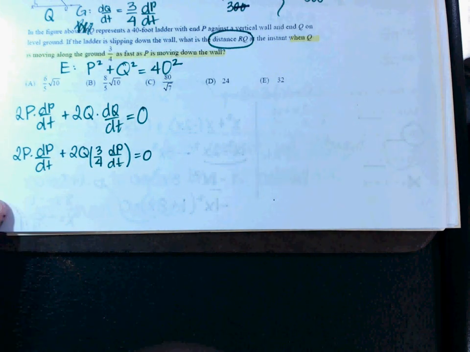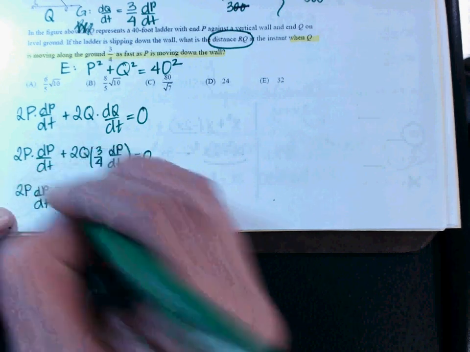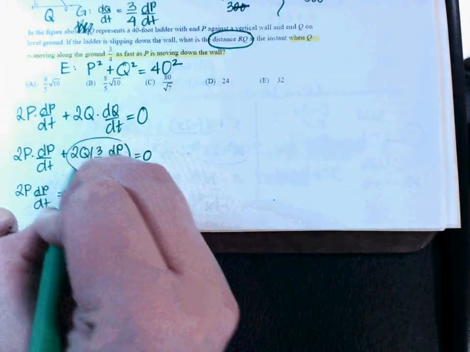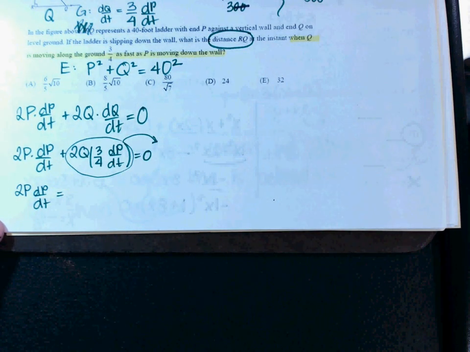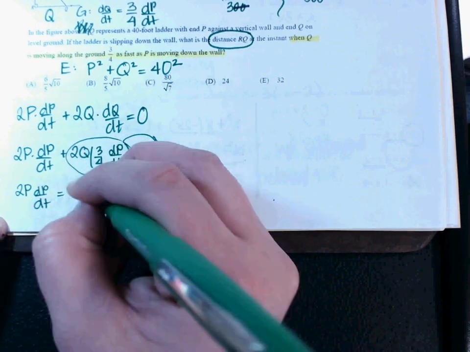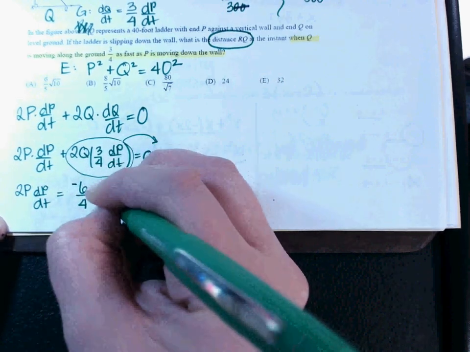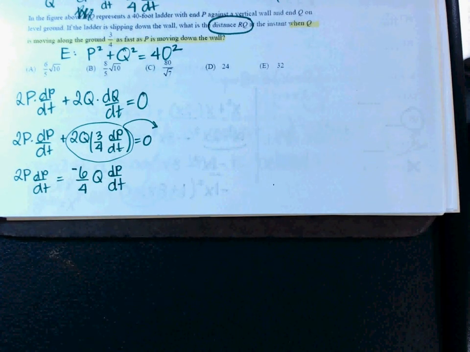Let's simplify this first. So it's 2p dp/dt. And then I'm going to take this term to the other side. What is 2 times 3 on top? 6/4, but now it's a negative 6/4, on the other side. Now, why would I want to separate those?